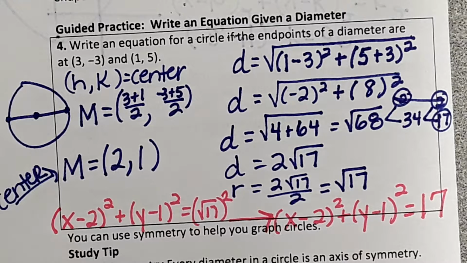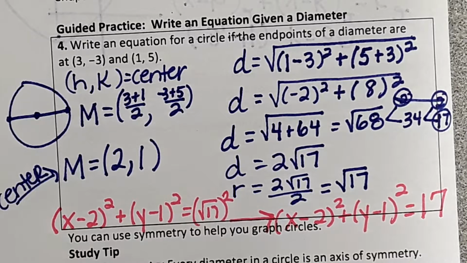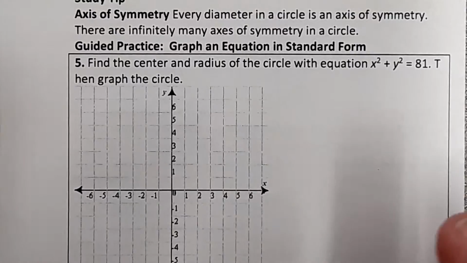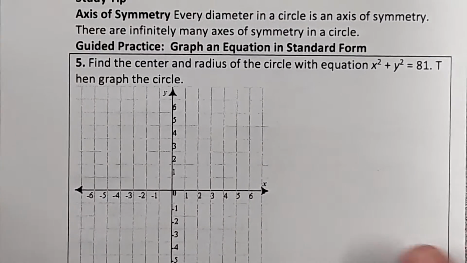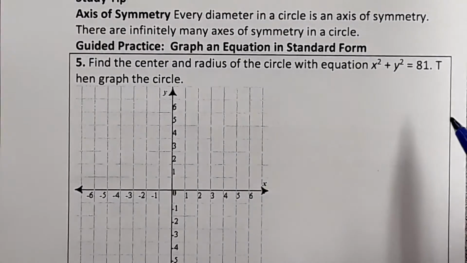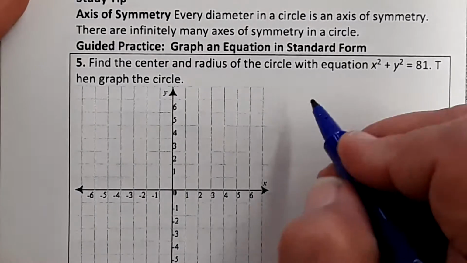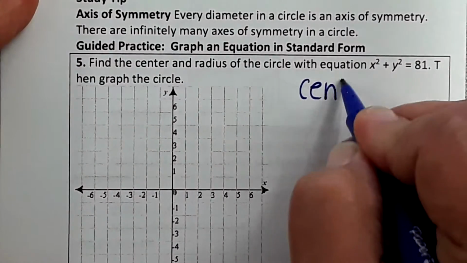Okay, let's quickly do number 5 and then we can start the quiz. We're going to graph this equation now. When you look at an equation, you have to decide what the center is and what the radius is. Anytime you go to graph it, center and radius. So what is your center? (0, 0).